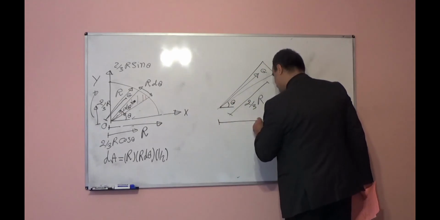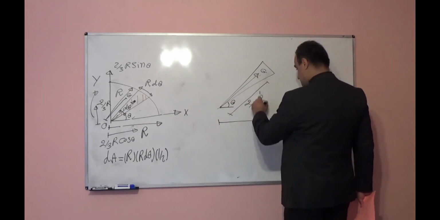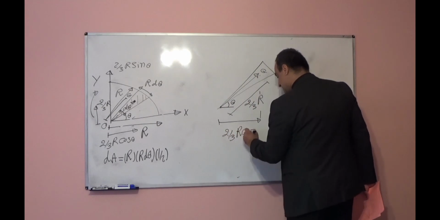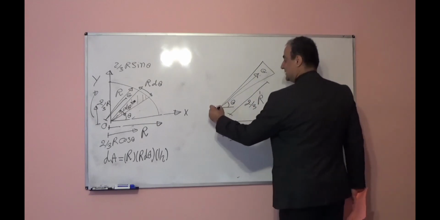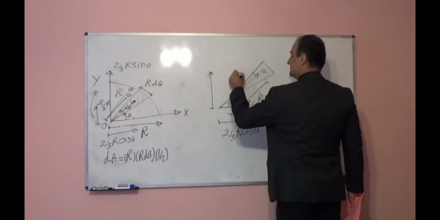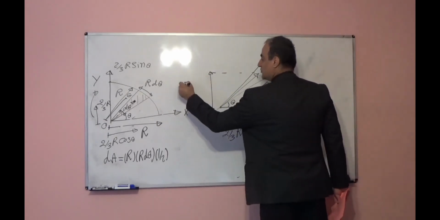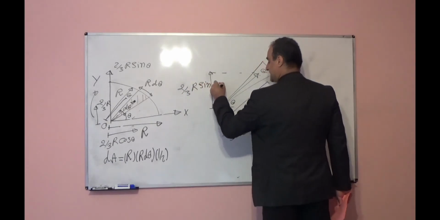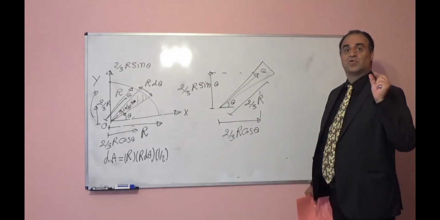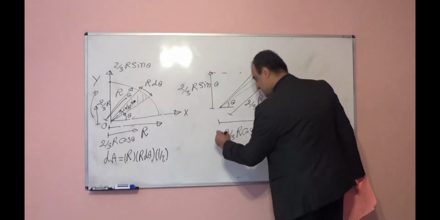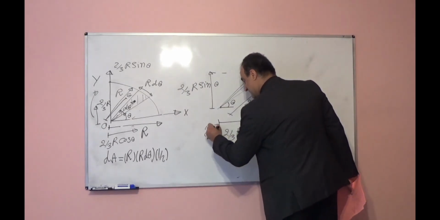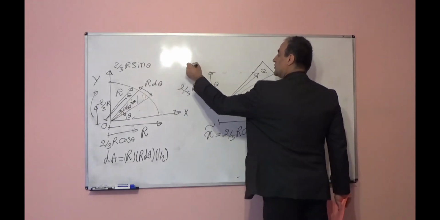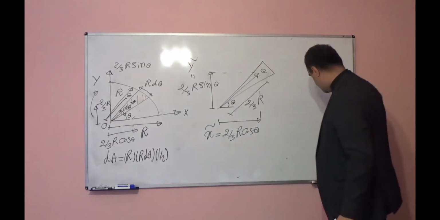So in this direction, if I decompose this, it will be 2 over 3 r cosine theta. In this direction, it will be 2 over 3 r sine theta. The centroid for the element in the x direction I show with x tilde, and in the y direction I show with y tilde.